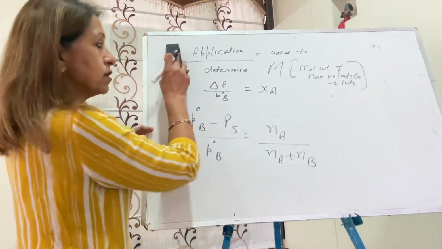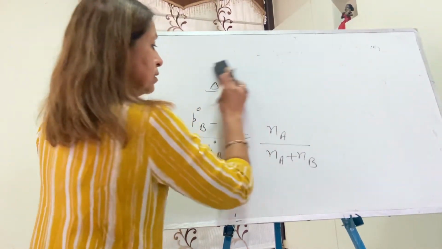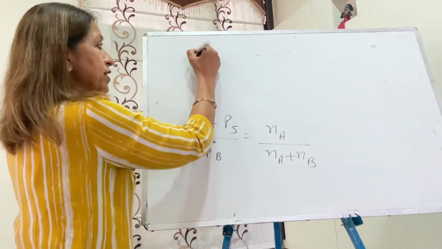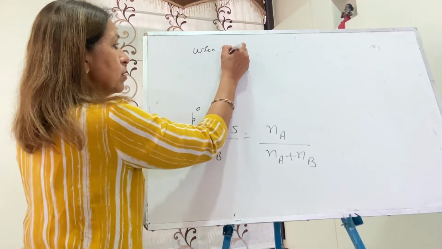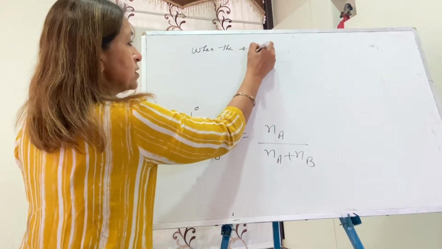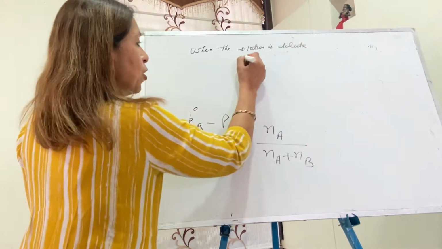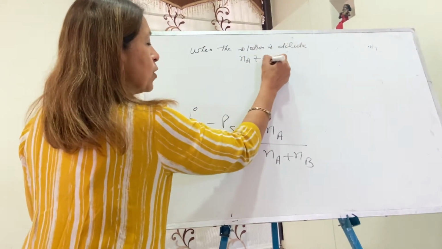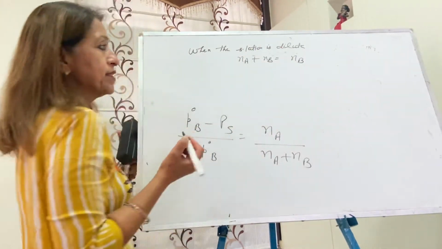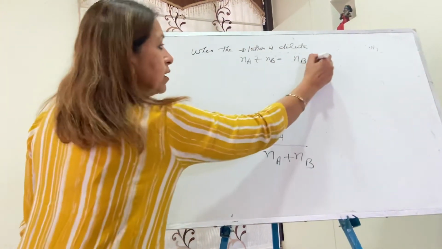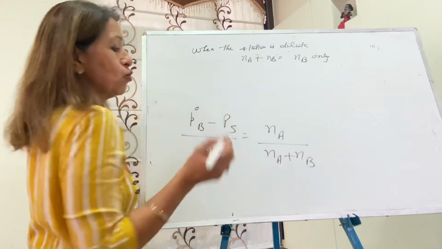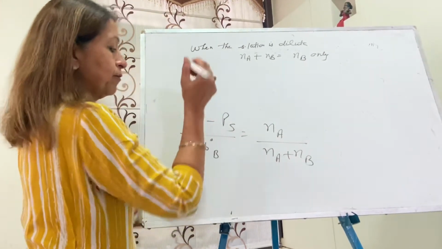Next step is when the solution is dilute, then the denominator carries only moles of solvent. Na plus Nb is equal to Nb only. When the solution is dilute, you have then moles of solvent only.